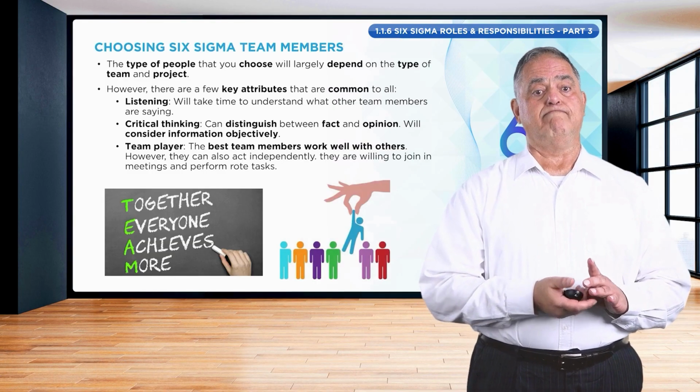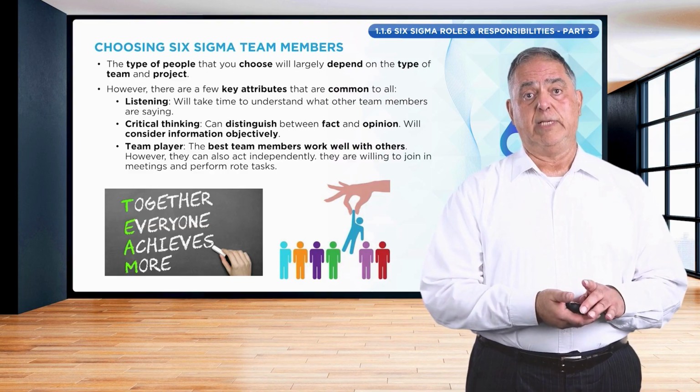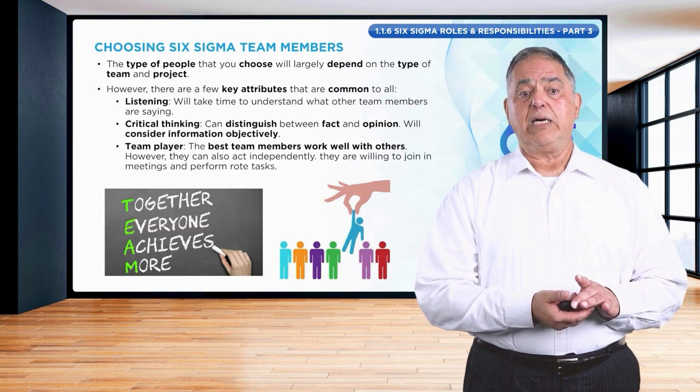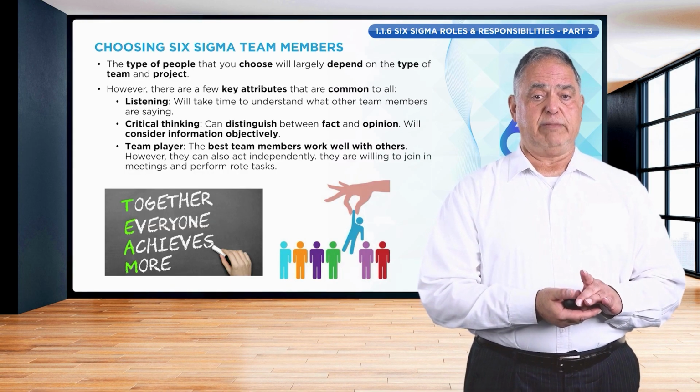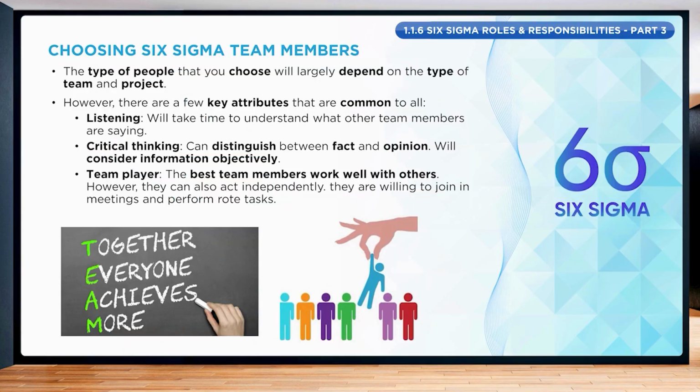So, another important topic is about how we choose Six Sigma team members. And to answer this question, we have to think about the different types of Six Sigma projects.